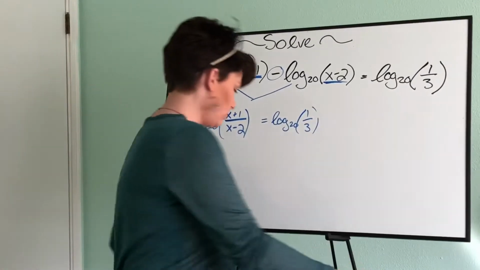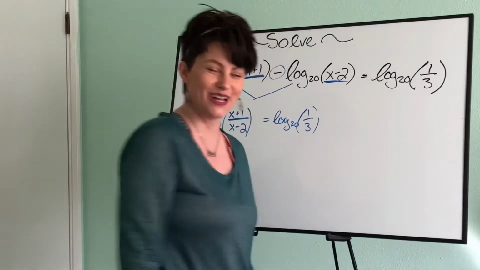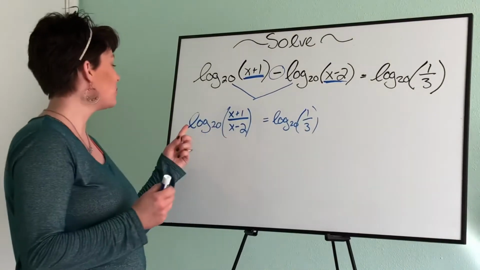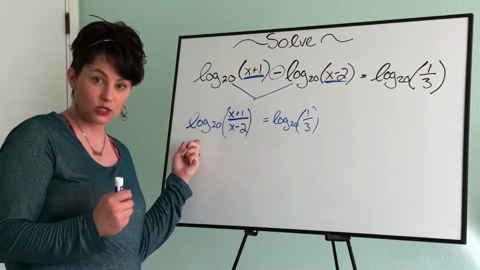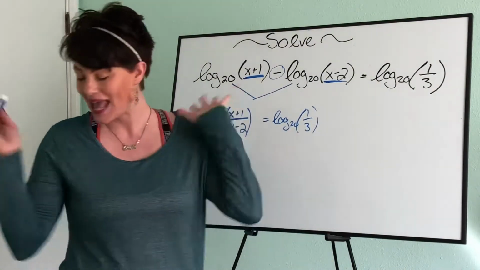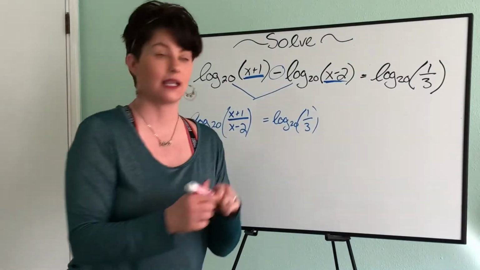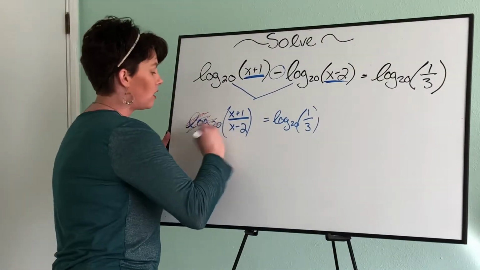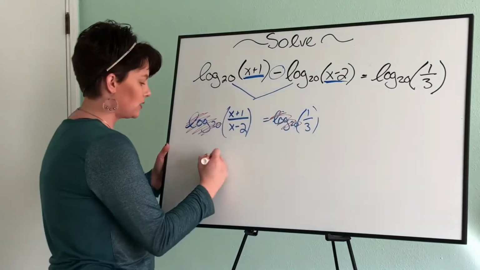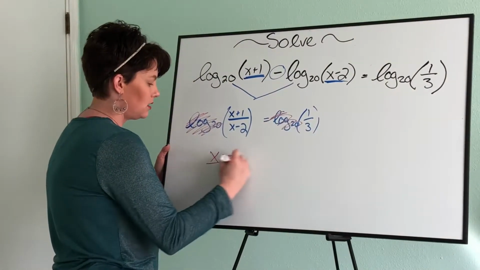Okay. Now that we've got it where we've boiled it down to a log 20 on the left and a log 20 on the right, now's the point where we get to start canceling out those logs. So we get to cancel off the logs, and now we just have the equation to solve.